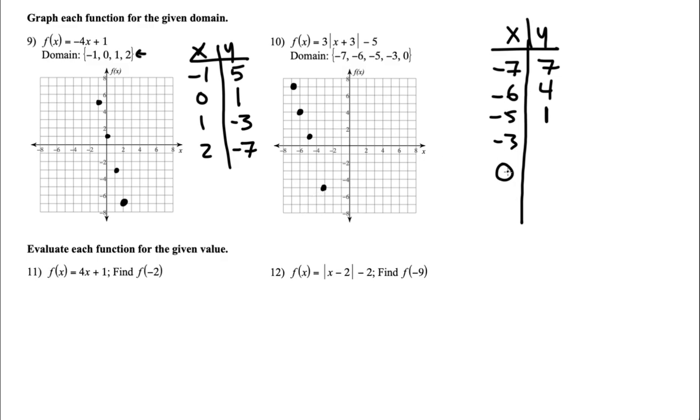And then the final one it's asking is 0. If I put in 0, I get 0 plus 3 is 3, the absolute value of which is 3. Times 3 is 9. Subtract 5, that would be 4. So 0, 4. And so these are all the points for these x's right here.